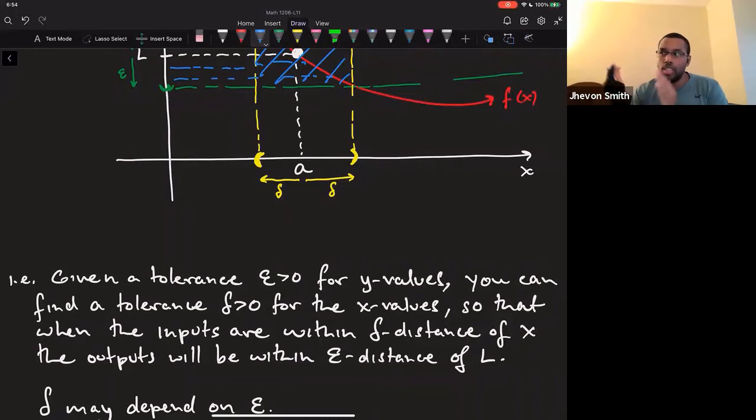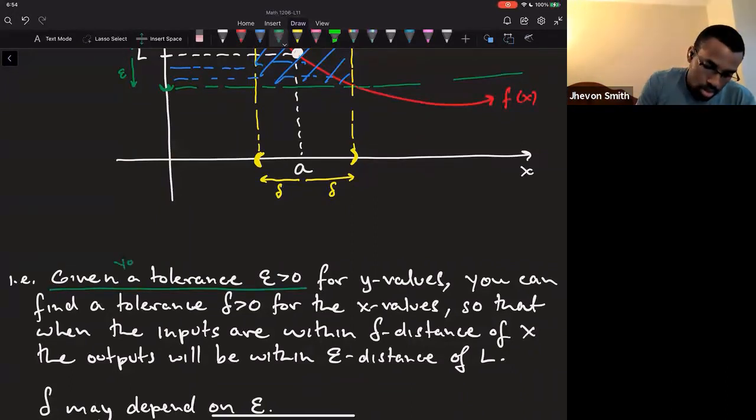If you get the x values close to a, I want the y values to be this close to L to convince me that the limit exists. And a random person can give you whatever random epsilon they want, right? So you're given the tolerance, you have no control over this. You do not control this.